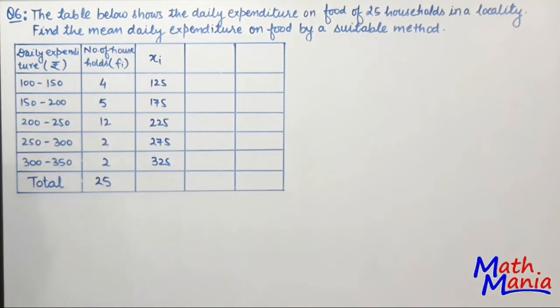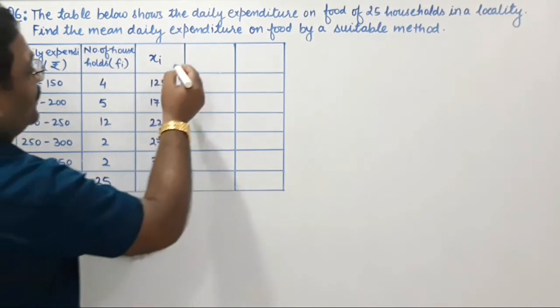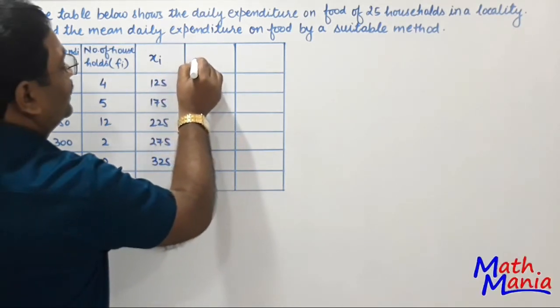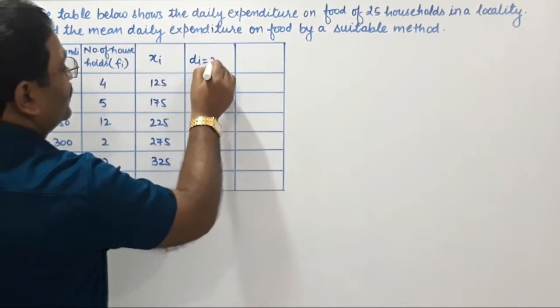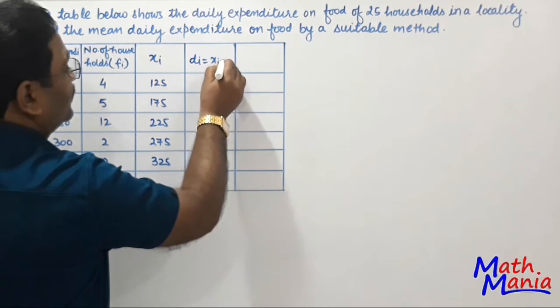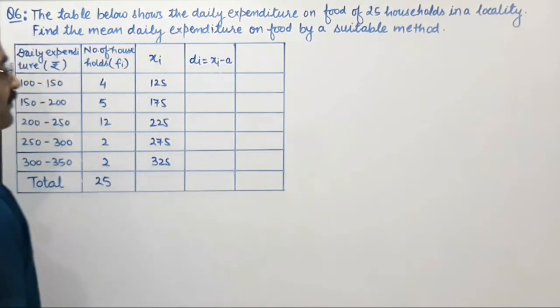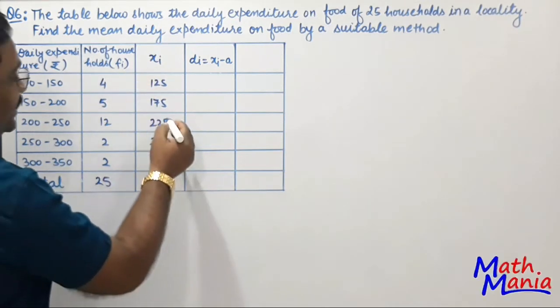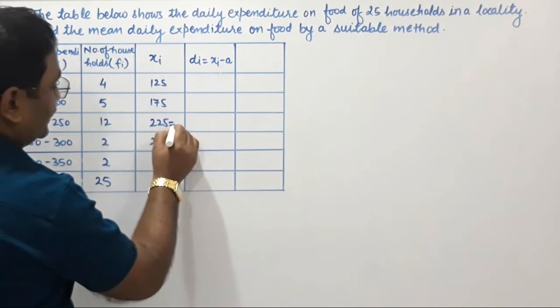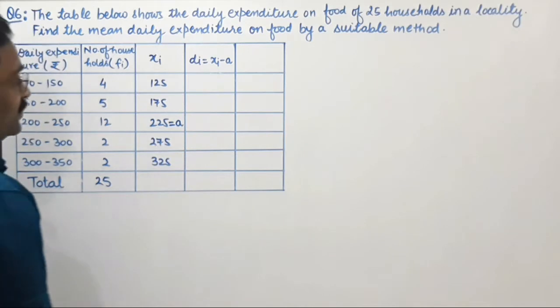Right friends? So now let's find the value of di, which is xi minus A. Now what will be A? Any of the numbers you can take. Let A be 225.